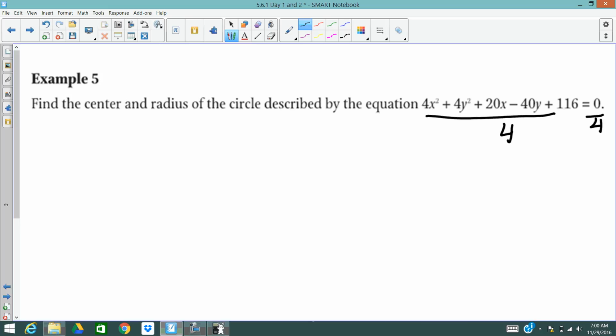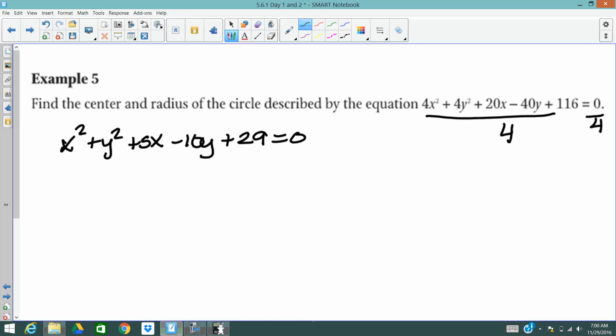So now on my left side, I'm left with x squared plus y squared plus 5x minus 10y plus, let's see, 116 divided by 4 is 29, equal to 0.